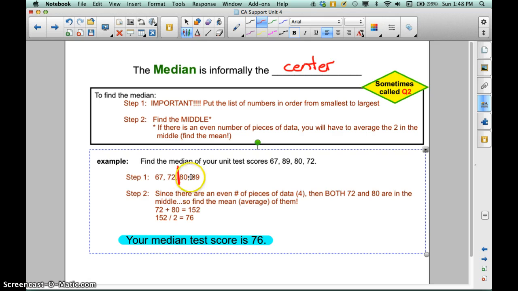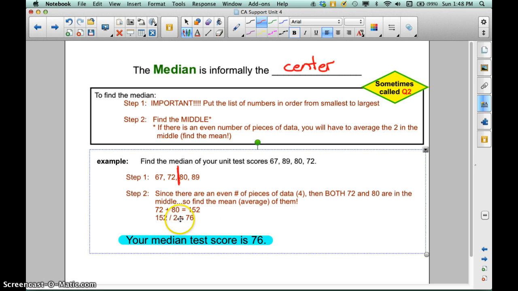The middle isn't one number in the center of everything. Notice there's 2 to the left and 2 to the right of my red line, so you have to average the 2 numbers on either side of your line. And so we take the average, or find the mean. 72 and 80, if you recall, to find the mean, you add them up, you get 152.